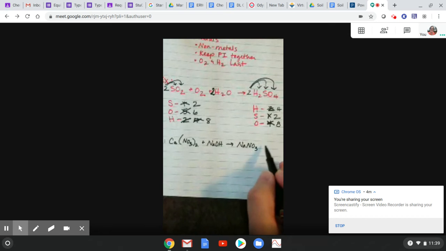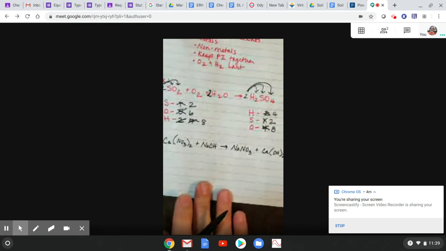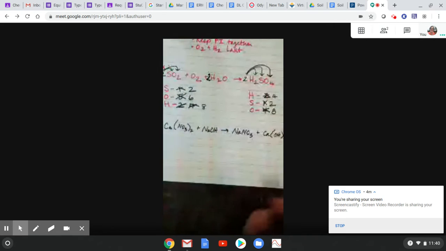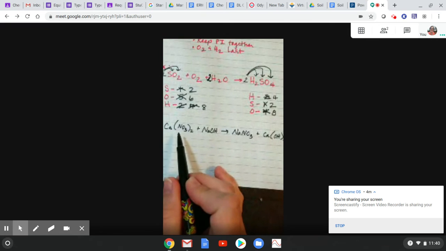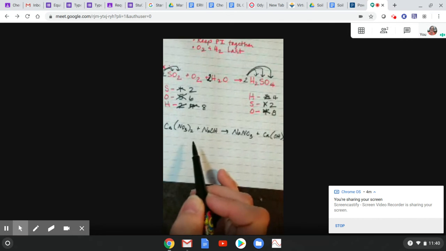This is a double replacement reaction where they're switching places with each other. You're going to learn about those next week. And then calcium hydroxide. So the first thing that I have to do here is write down all of the elements that I have. But I don't know if you guys remember from the last lesson on balancing equations, we want to keep polyatomic ions together if we can.